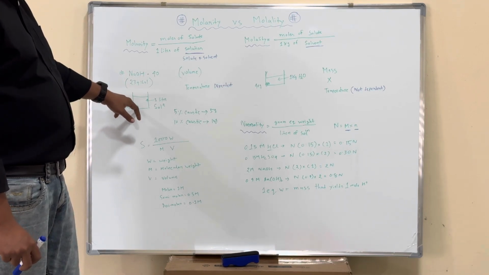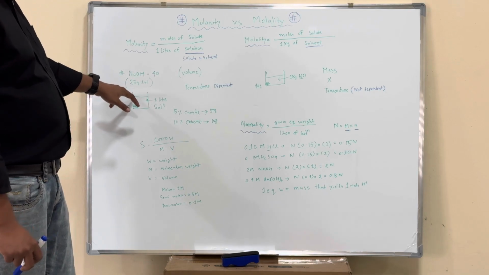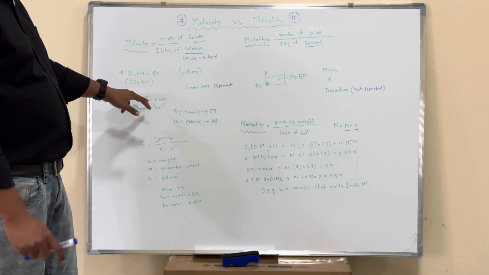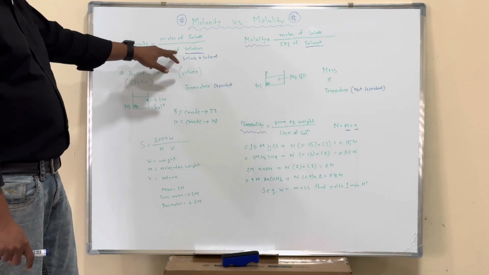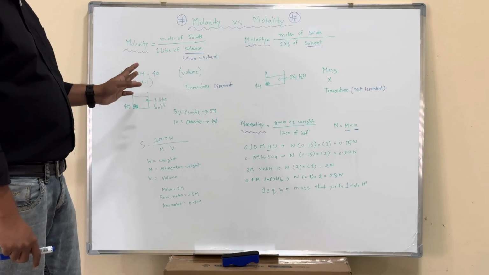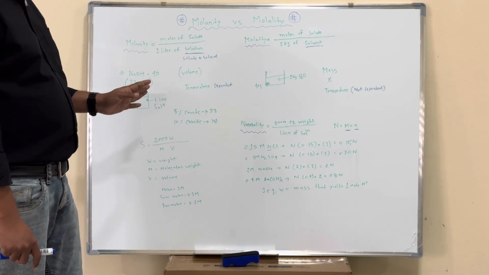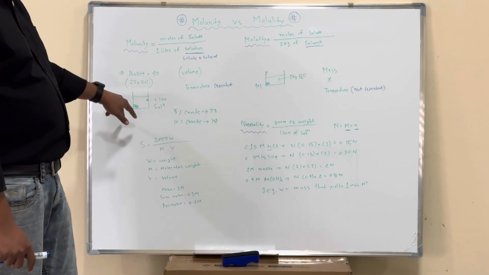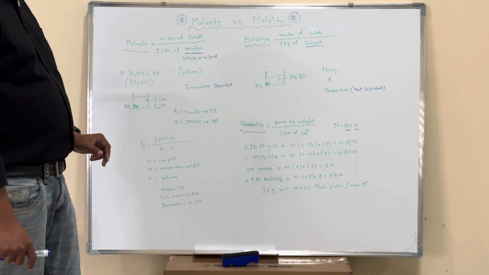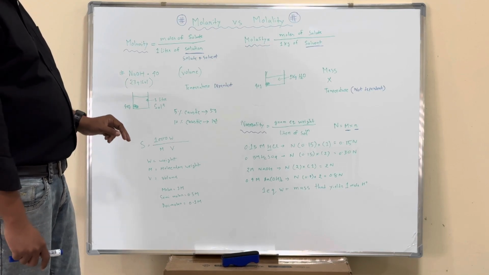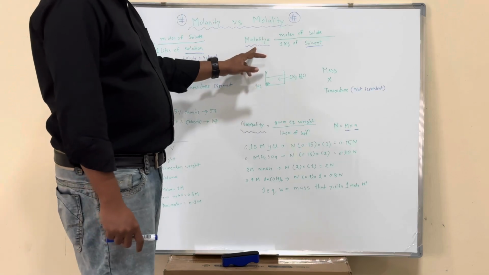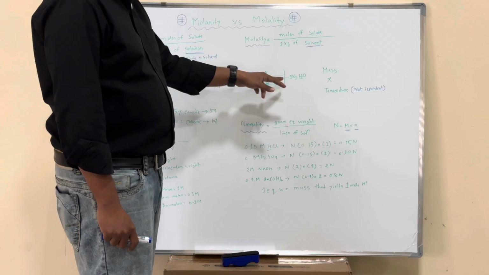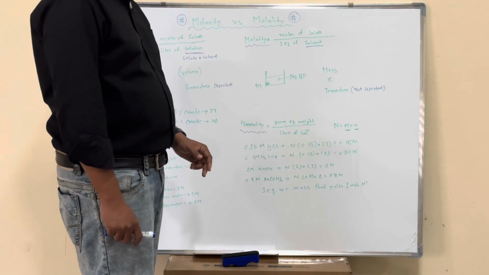So if you take 40 gram, then you have to mark it up to 1000, because this one is liter of solution. Liter means 1000 ml. So if you take 40 gram and make 1000 ml, then it will be a 1 molar solution.